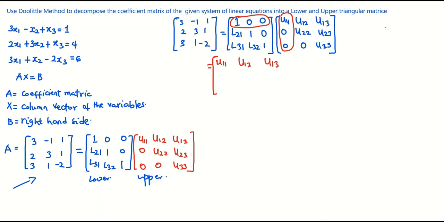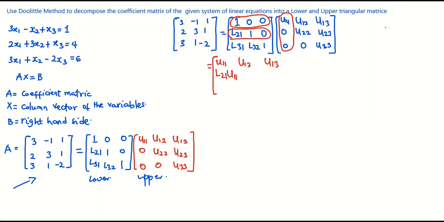Now let's go to the second row. For that one, you are going to have L21 multiplying u11, plus 1 multiplying 0 plus 0 multiplying 0, which also gives us 0.